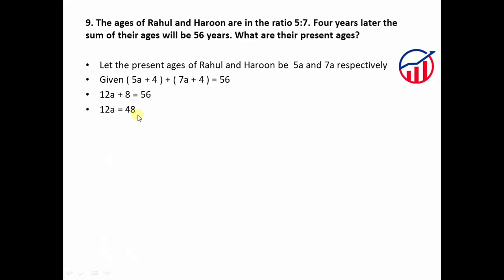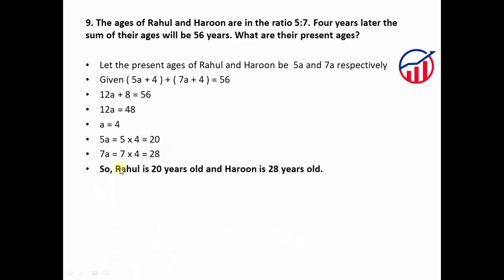So 12a is 48. a is 4. So 5a is 5 into 4, which is 20, and 7a is 7 into 4, which is 28. So Rahul is 20 years old and Harun is 28 years old.